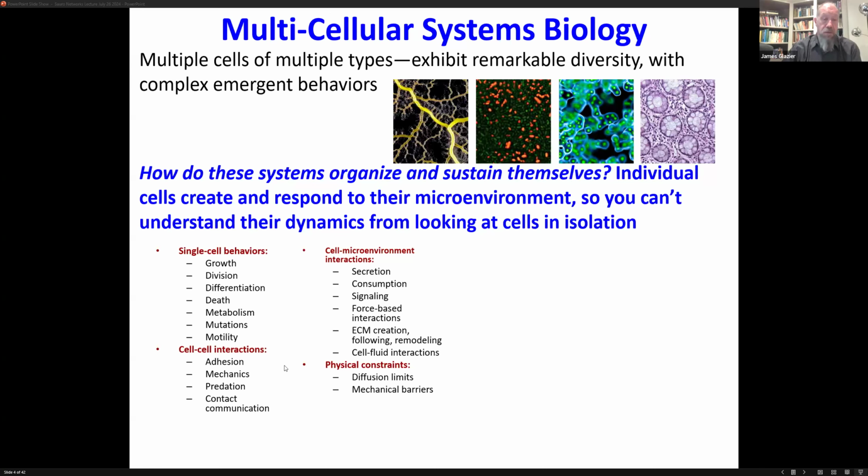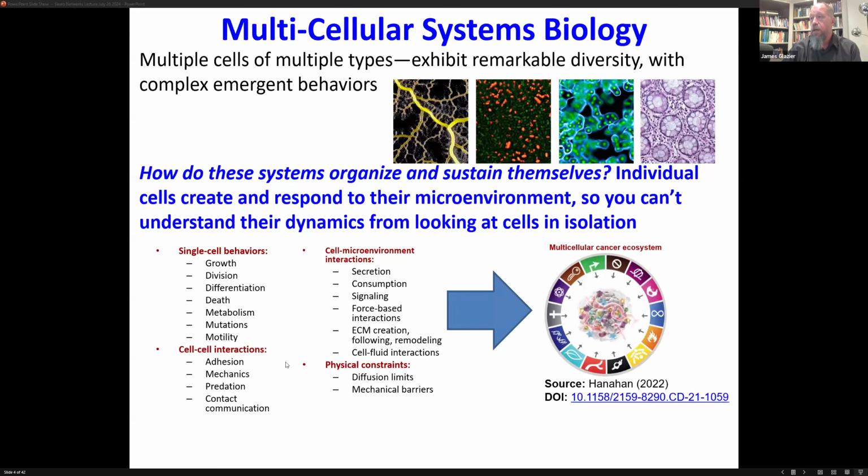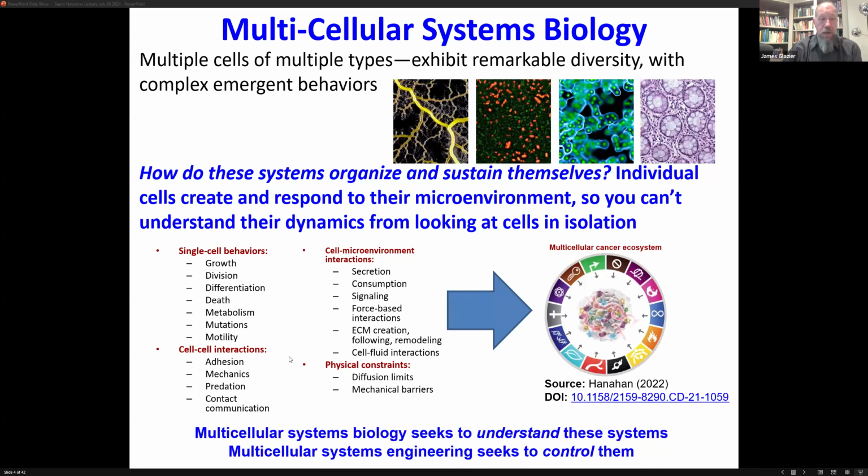There also are physical constraints on what's possible and how fast signals can move. And ultimately, that gives rise to complex phenomena. One of the classic studies, again, of this kind of work is in cancer, which is why we have that example. But ultimately, what we'd like to be able to do is to understand these multi-scale systems and their organization, and eventually to be able to engineer them and control them.